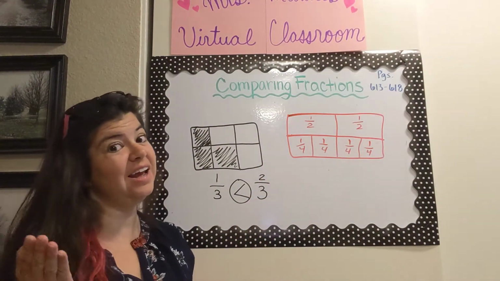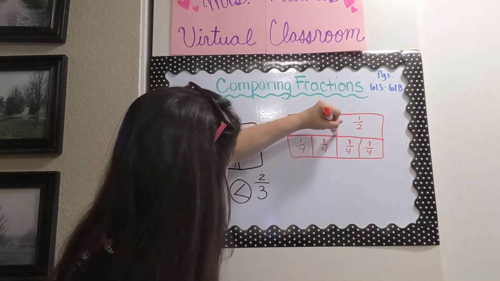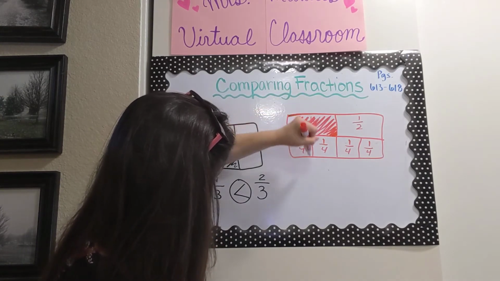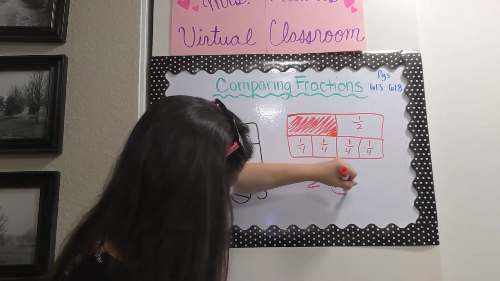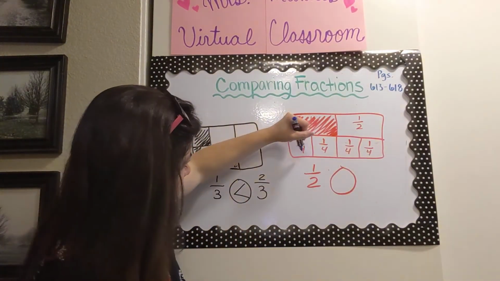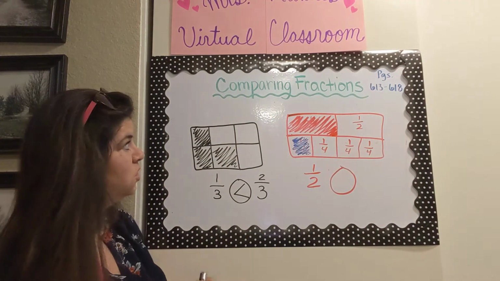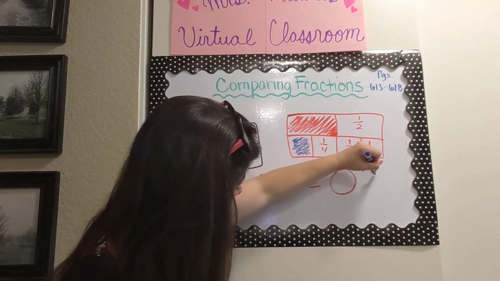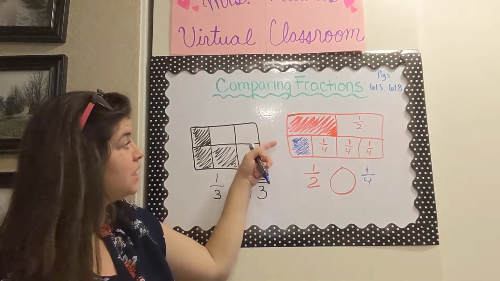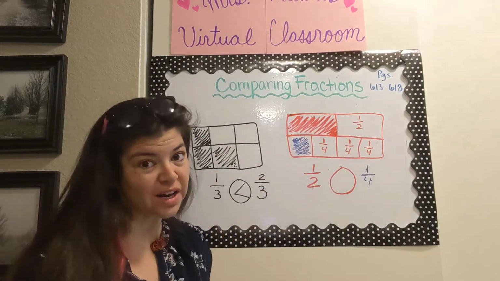So now let's color it in and actually compare it. Losing my voice. We clearly see that 1/2 is way larger than 1/4 because I'm only sharing my candy bar with one other person.